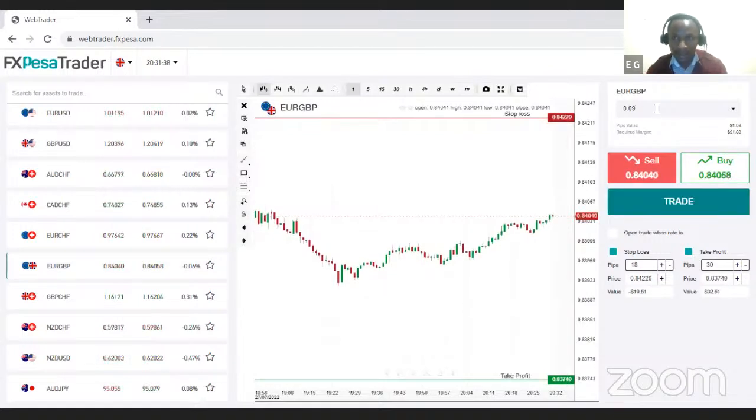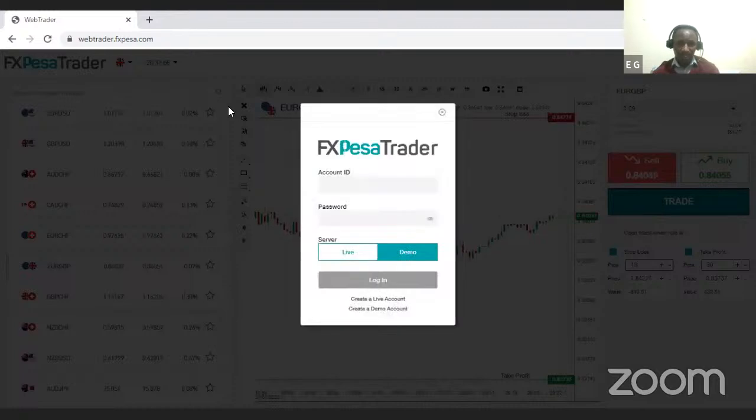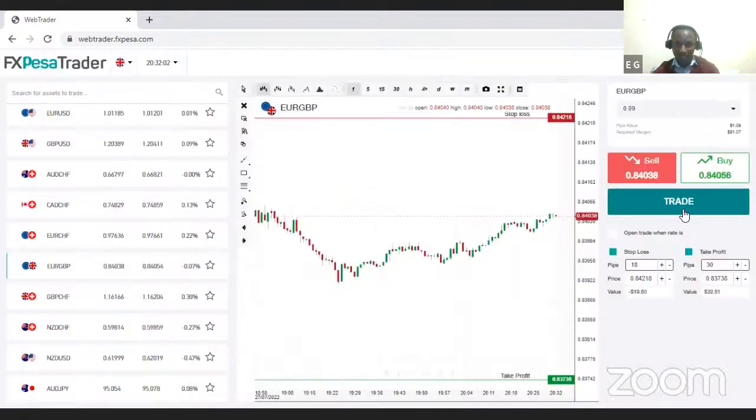If you were to trade 9 micro lots, then the most we would lose upon price hitting stop loss is around $19.51. Once you've set your stop loss and take profit, you can then proceed to trade the pair.